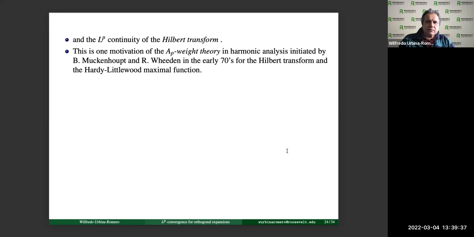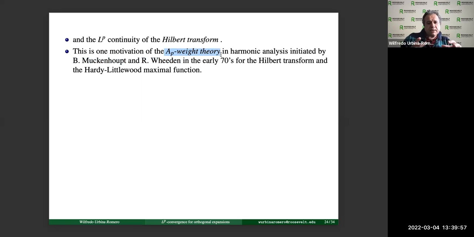Actually, this problem, not at that moment, but later, was one of the main motivations for Benjamin Muckenhoupt and Richard Wheeden, students of Zygmund, to develop what is called nowadays in harmonic analysis the A_p weights.